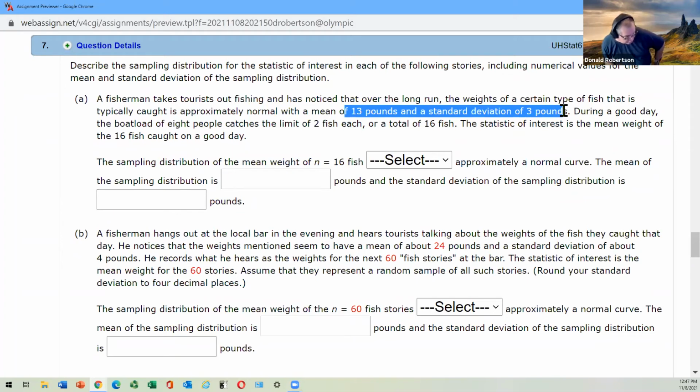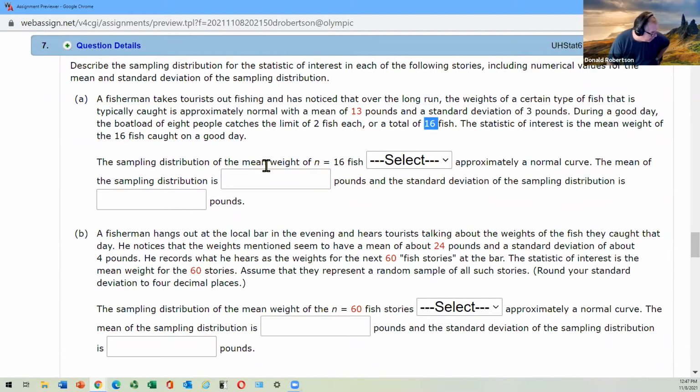So hasn't he told us mu is 13 and sigma is 3? During a good day, a boatload of 8 people catch the limit of 2 fish each, or in other words, a sample of 16. There they go and break my rule. The statistic of interest is the mean weight of the 16 fish caught, okay?